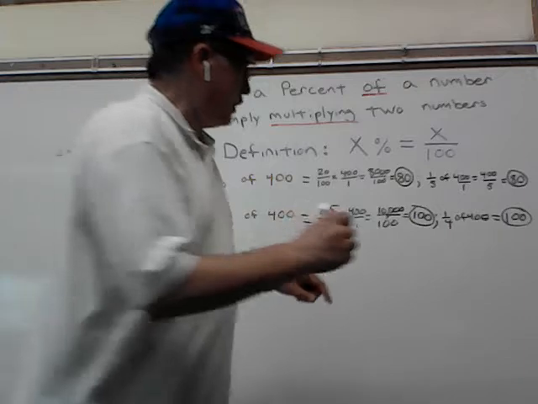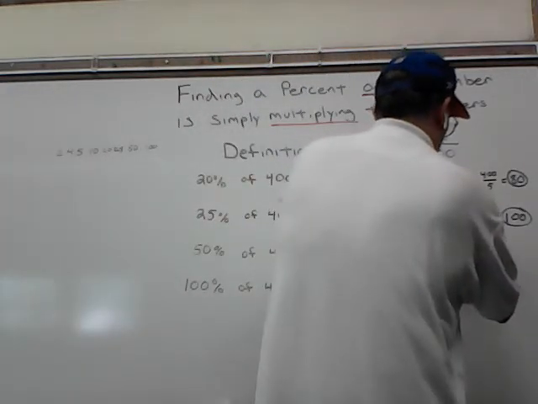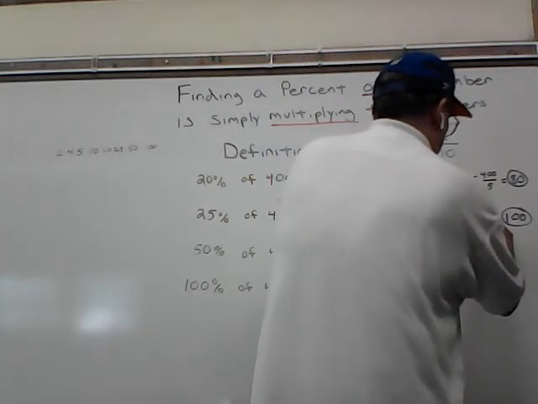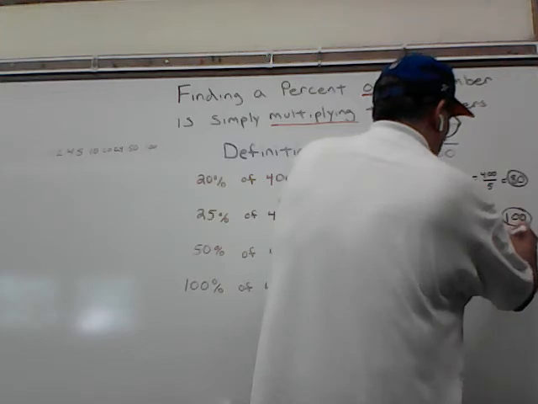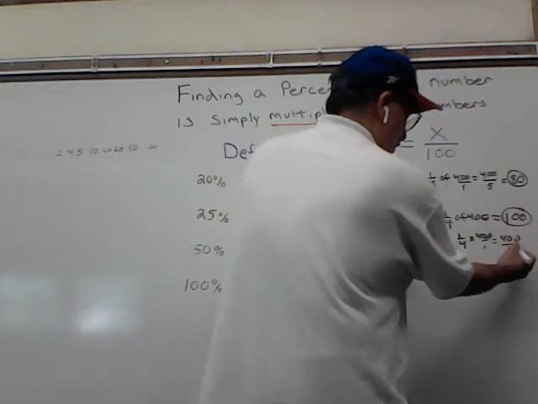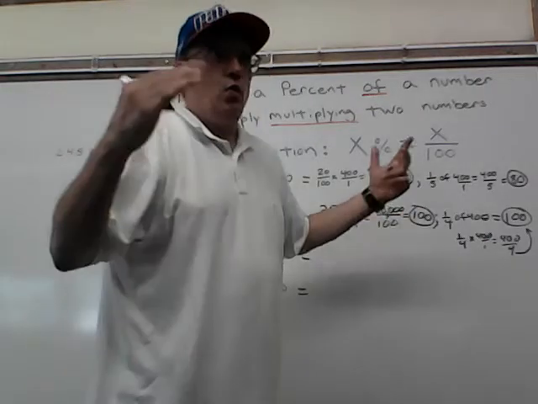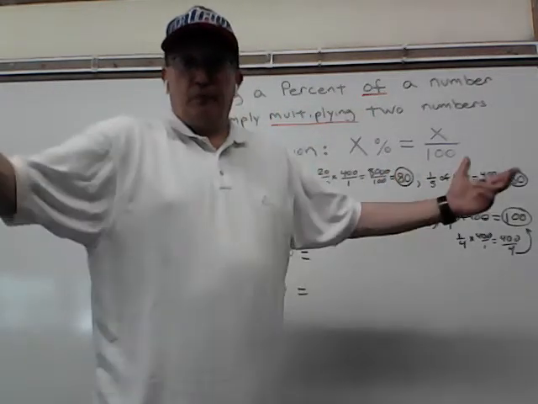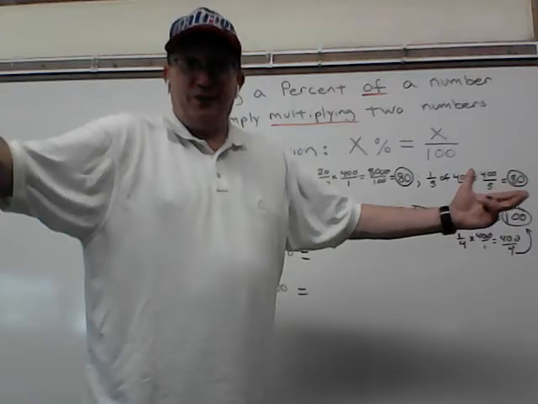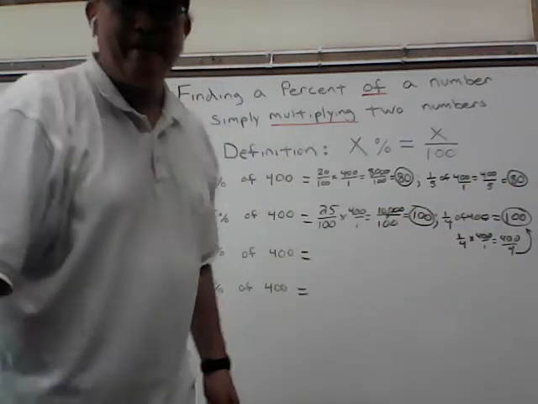You end up doing 1/4 times 400 over 1. It's 400 over 4, which is a division. 400 divided by 4 is 100. Or you simply think, what's 1/4 of 400? 100. It's 400 divided by 4. Okay?